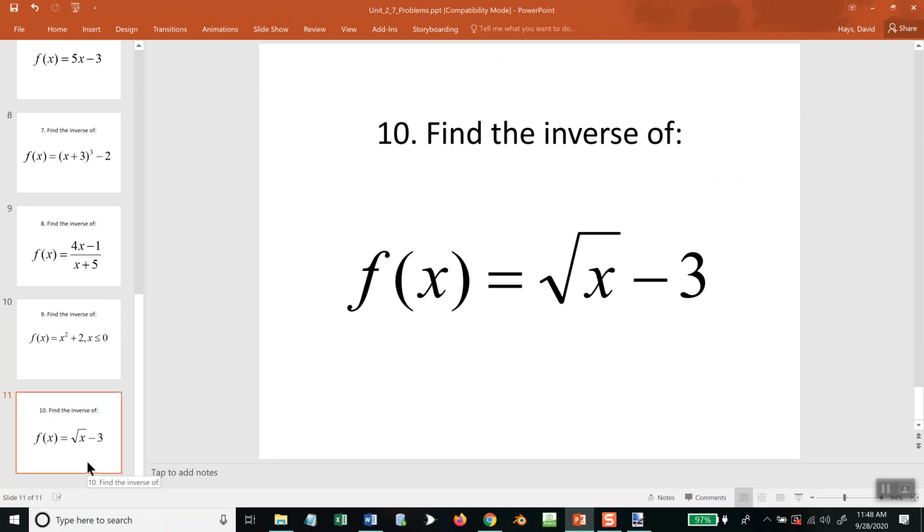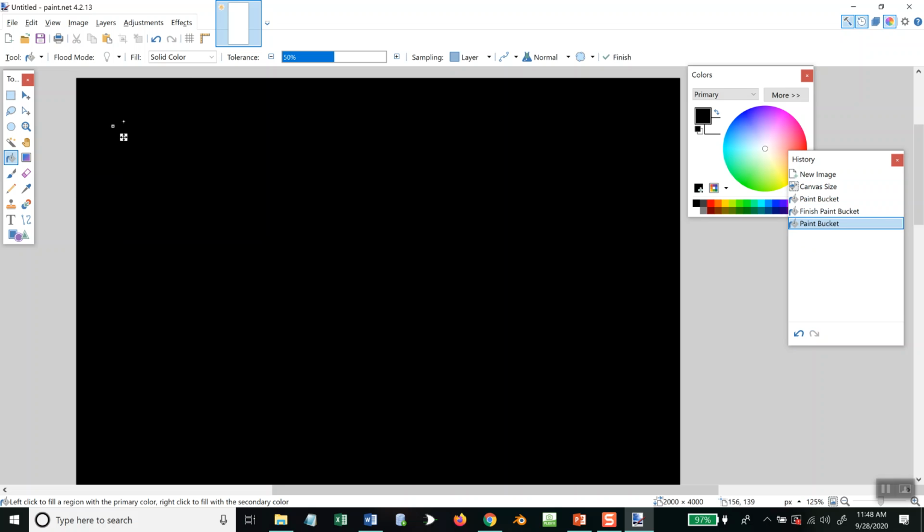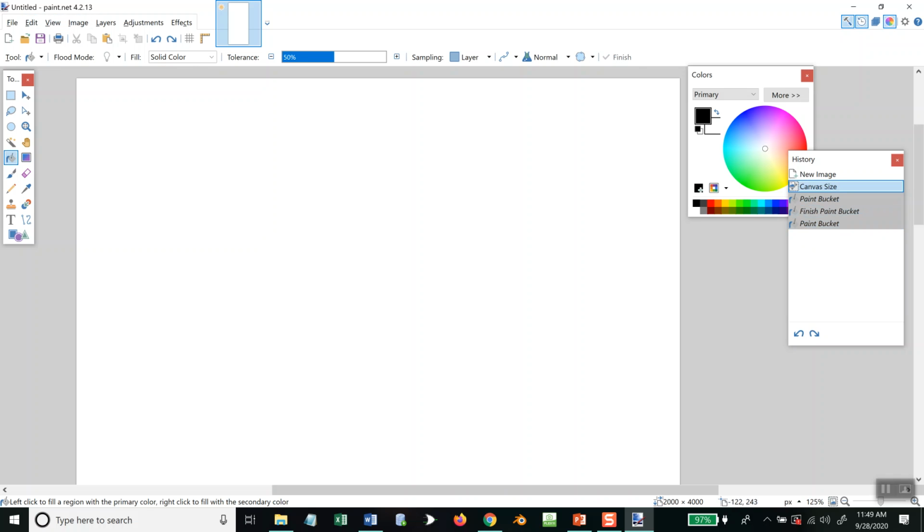Let's take a look at this problem. Let's see. Back on up, get rid of the paint bucket. There it goes.